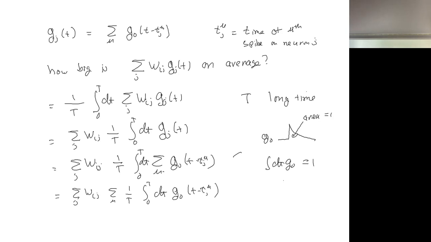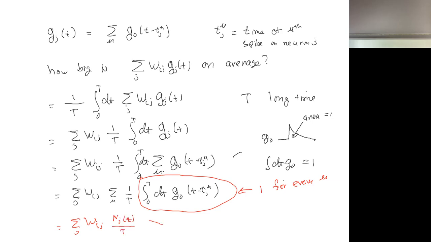This thing is 1 for each mu, one for every mu. So this is just equal to the sum on j of Wij times the sum on mu, which is basically Nj of T over T, where Nj of T equals the number of spikes in time T.